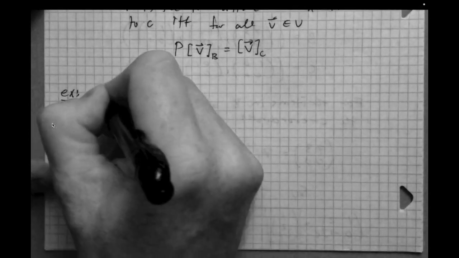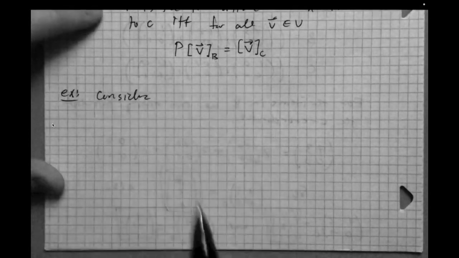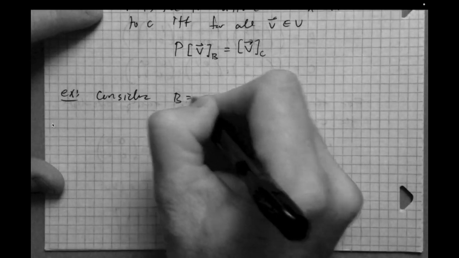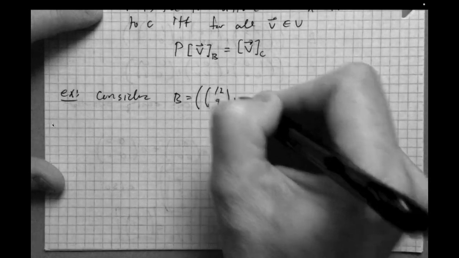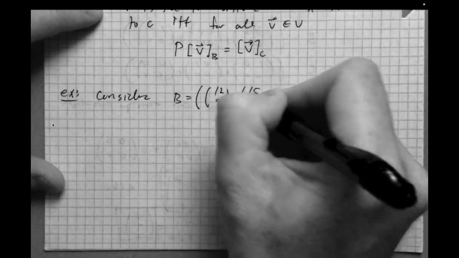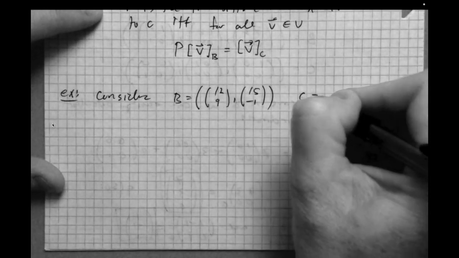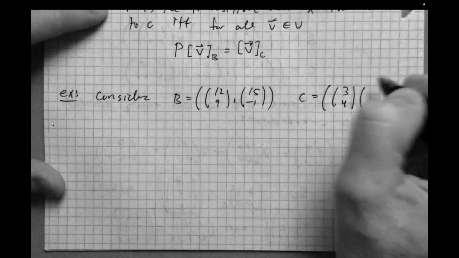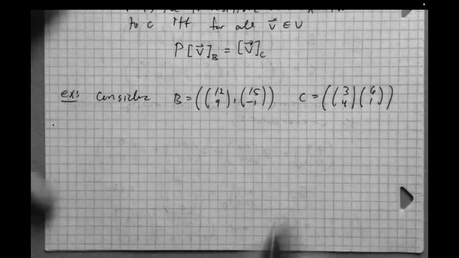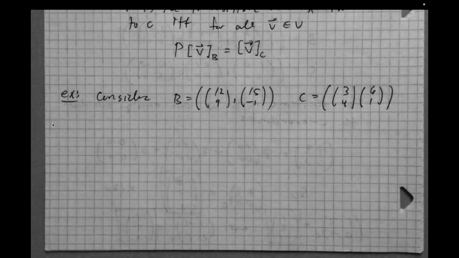Okay, so let's consider ordered bases B and C. So B we'll say is equal to 12, 9 and 15, -1. And C is equal to 3, 4 and 6, 1. All right, so two obviously different ordered bases.